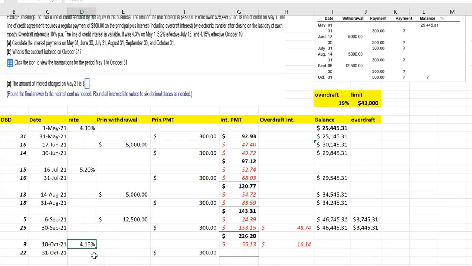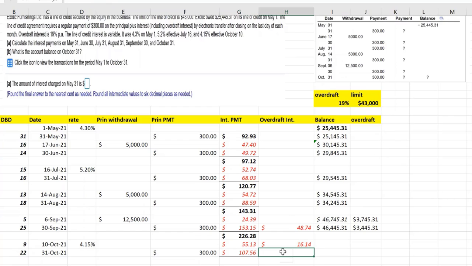After October 14th, the next date is October 31st, which is a statement date. So we calculate the interest at the maximum of 43,000 times 4.15% times the 22 days out of 365. That's $107.56 at $43,000 maximum.